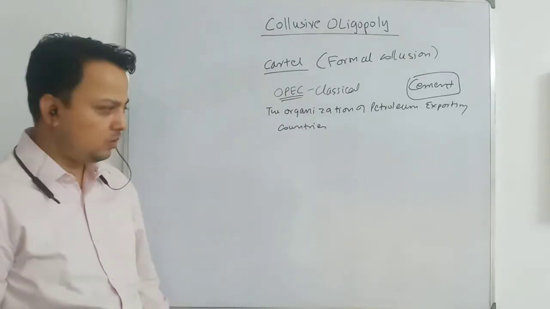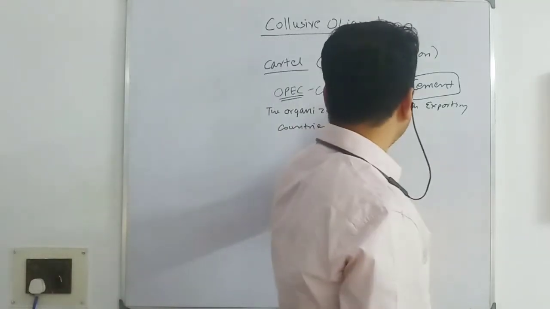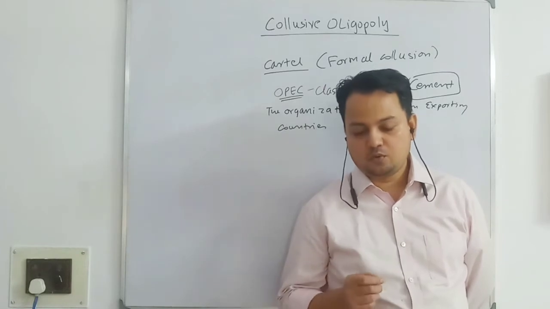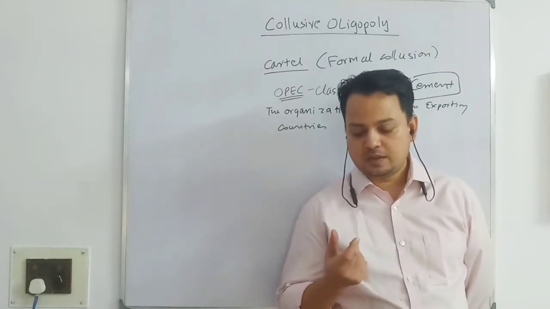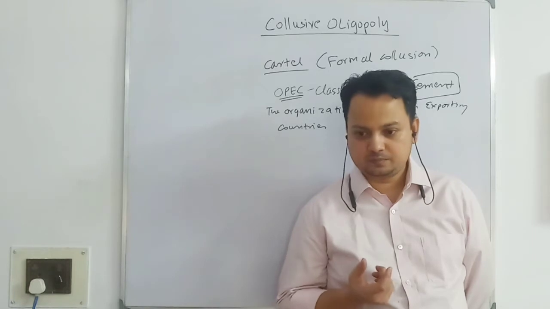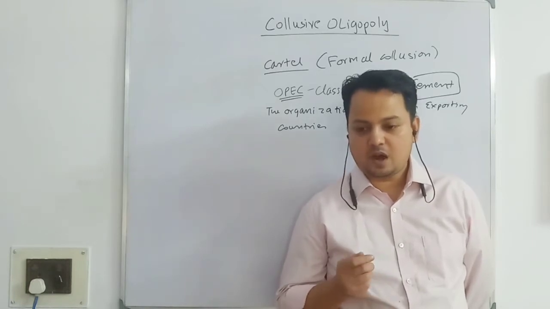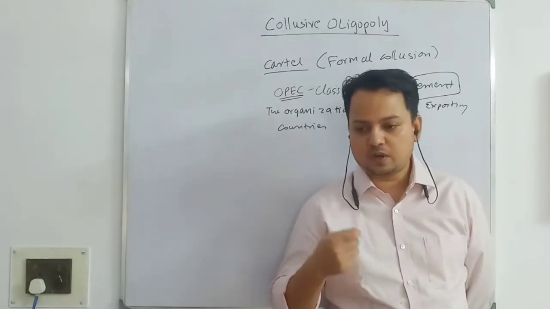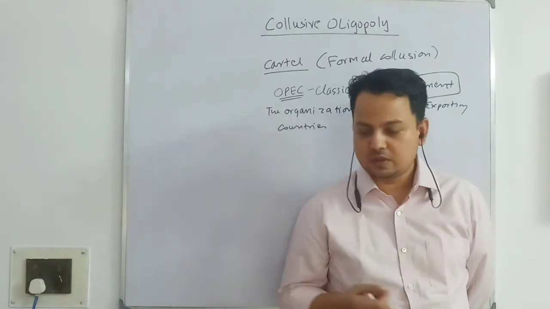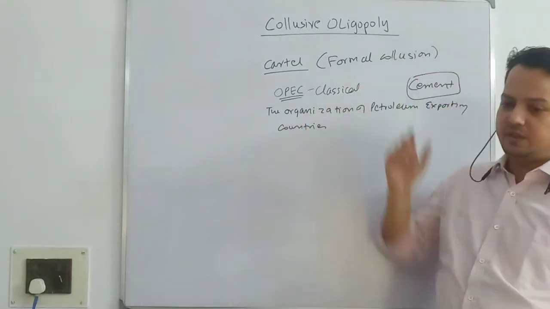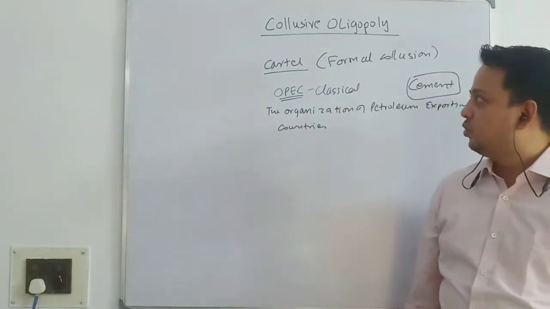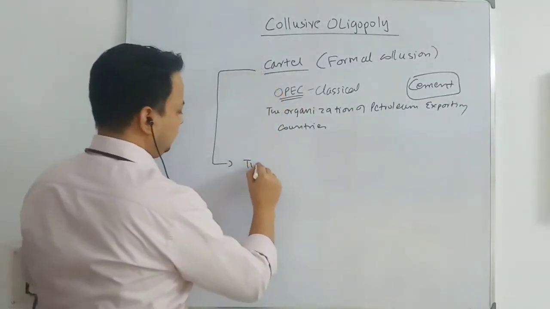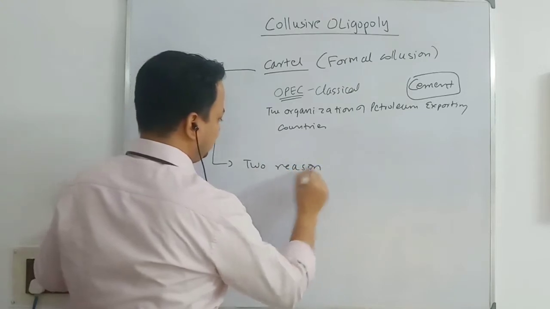Now, a cartel, I say, is formed on collusion, and the purpose of this collusion is to have some centralized management, centralized management of how an individual firm or country should produce output, so that joint interest can be maximized. There are two reasons to form a cartel.